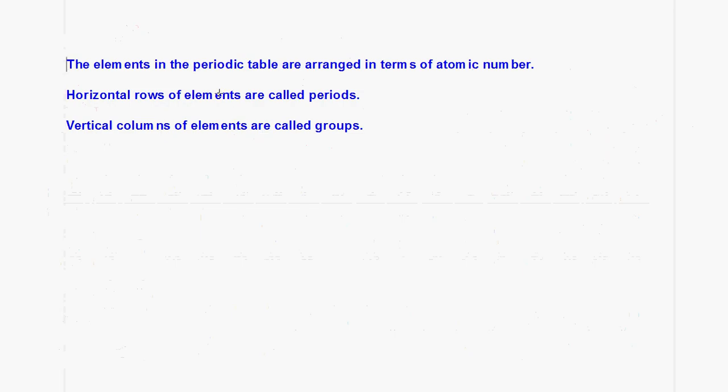The elements in the periodic table are arranged in terms of atomic number, as indicated earlier. The horizontal rows of elements are called periods, and vertical columns of elements are called groups.